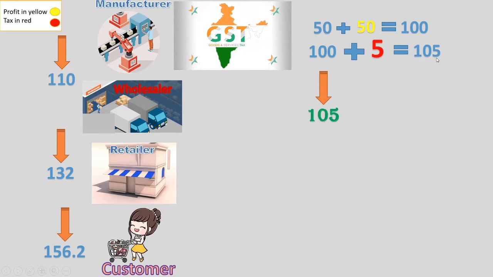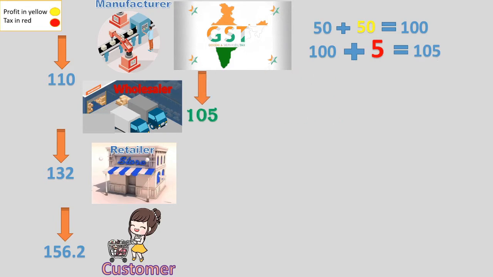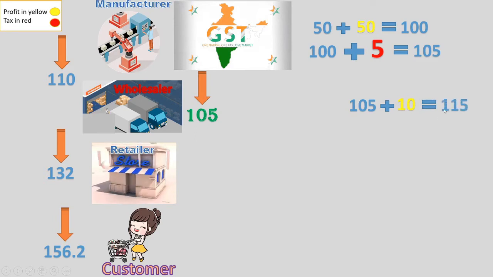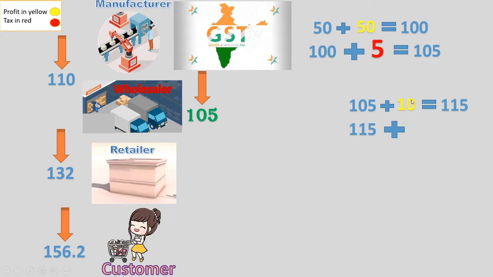Again, when the wholesaler adds his value addition or profit, say here for example rupees 10 as his profit, the product cost is going to be 115. Now again on 115 he is going to add the tax based on this value addition or profit.